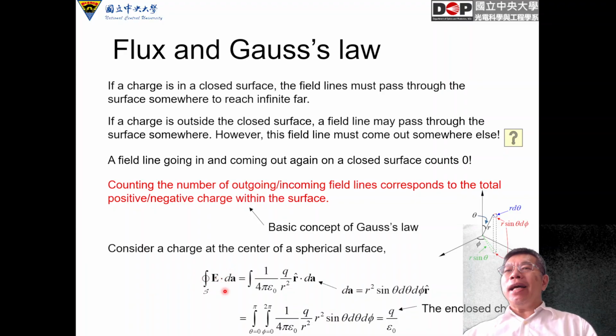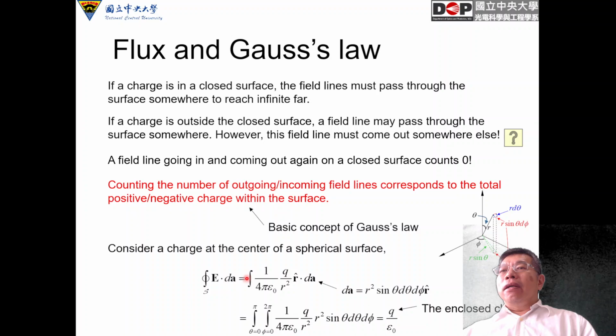Okay, so that is the idea. So we take the closed surface integration of the electric field as a flux flowing out of the surface. That's the idea. So we're using Coulomb's law to write things down like this.